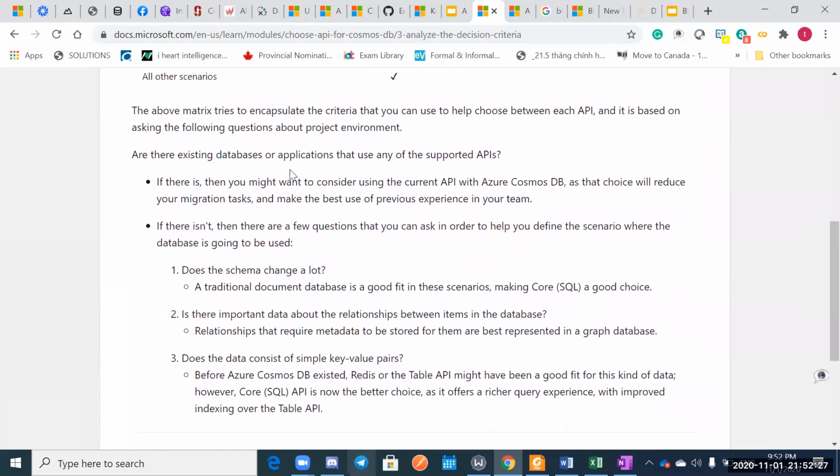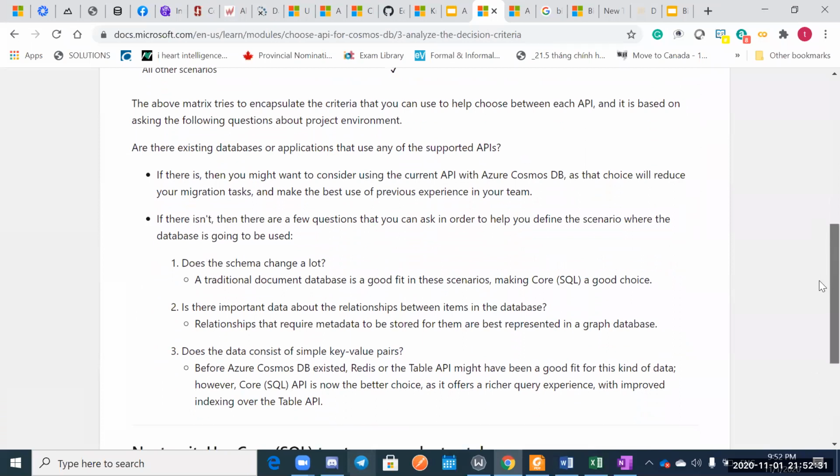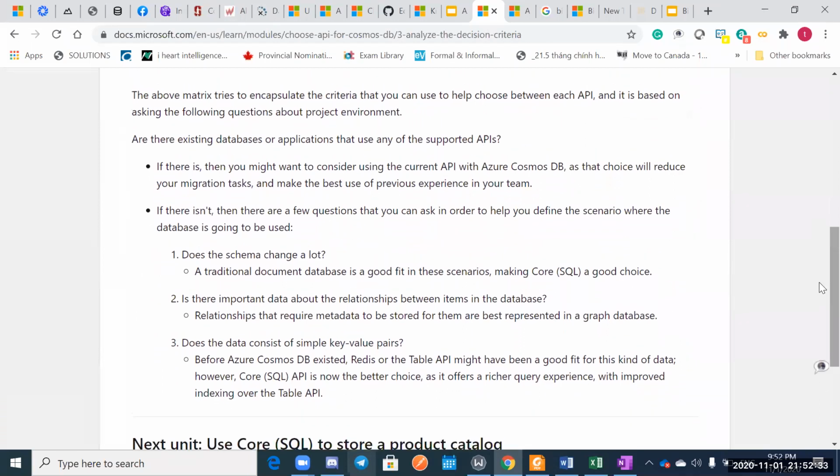Okay, so here is a checklist you can ask yourself to select the API, and remember there will likely be 2 or 3 questions on this. The first one: what is your existing database or application? What does it support? So again, if you support MongoDB, you cannot use Cassandra, right?